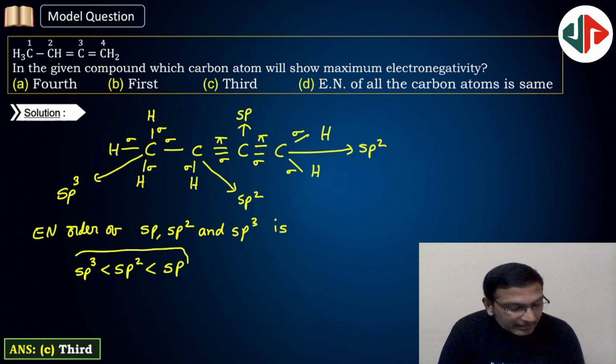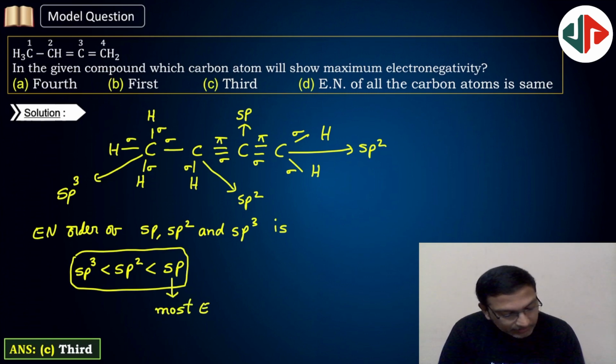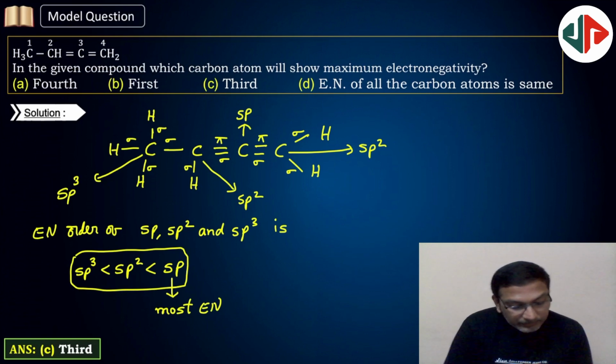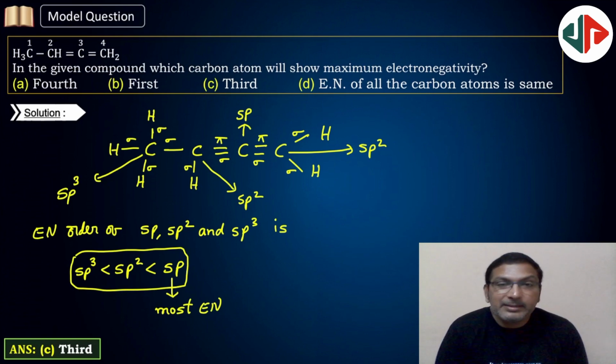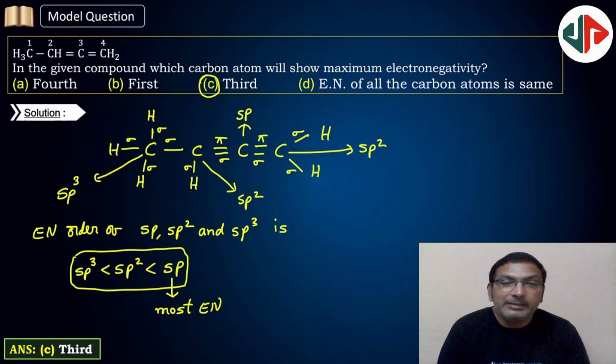This is increasing order of electronegativity. So sp hybrid orbital is most electronegative. So here sp hybridization is present on the third carbon. Therefore, option 3. The third carbon can show maximum electronegativity due to sp hybridization.